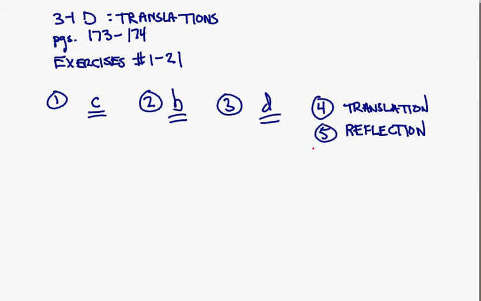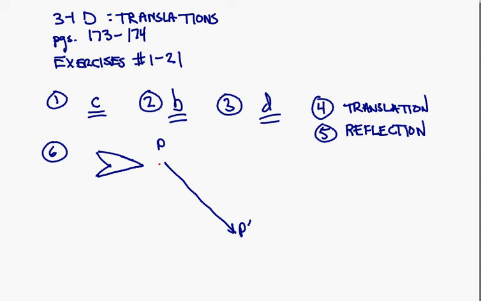Okay, going to number 6, you're supposed to actually try and copy the shape as closely as possible. And then here is your translation vector, P to P prime.